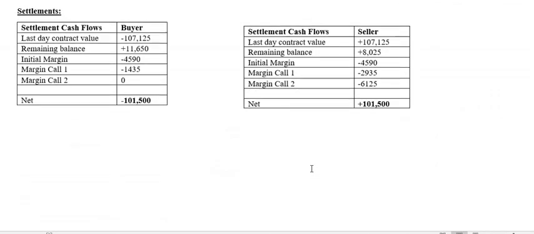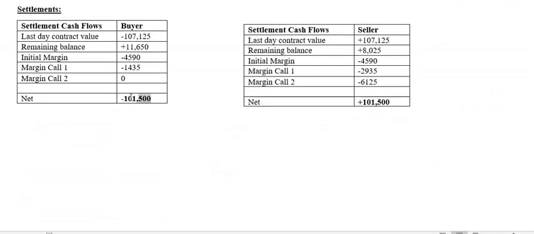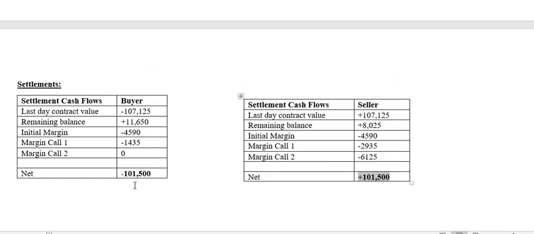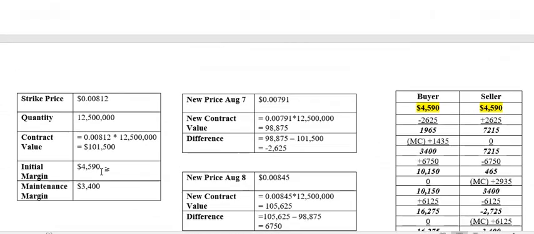Okay, so upon the addition and subtraction, the buyer will pay 1,05,000 USD to the seller of the Japanese yen, and the seller of the yen is going to receive 1,01,500, which was our contract value here, 101500.